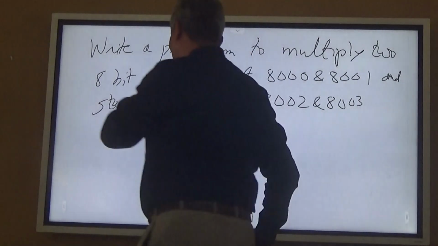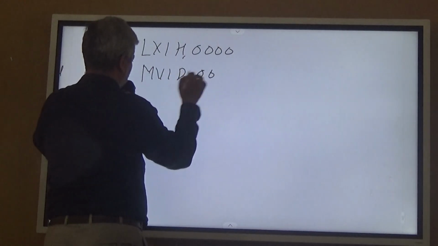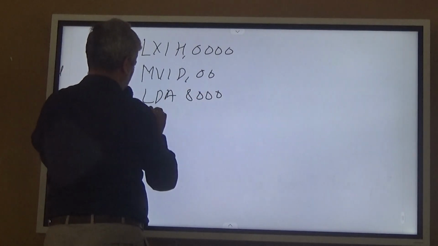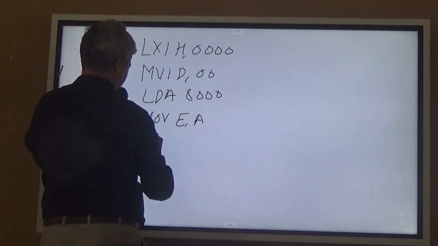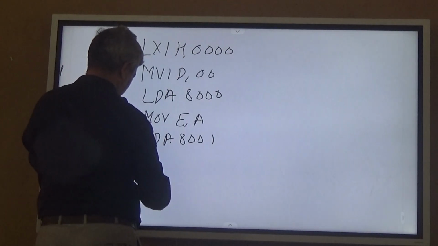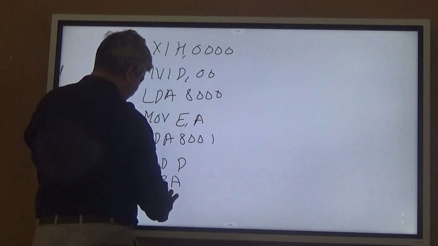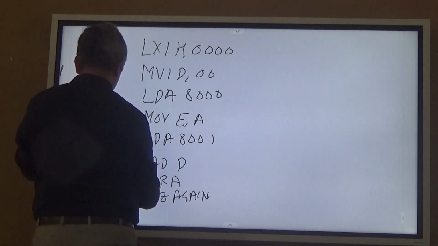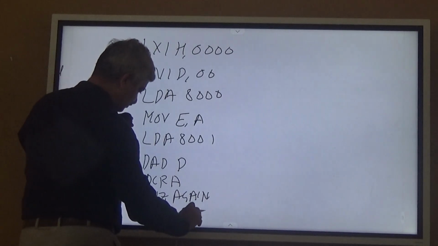So I write the program. LXI H, 0000, LXI D, 0000, LDA 8000, move A to E, LDA 8001, DAD D, decrement A, jump on not 0 again, otherwise SHLD 8002 and halt.